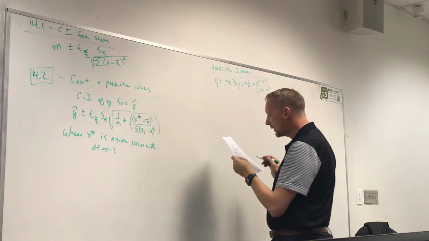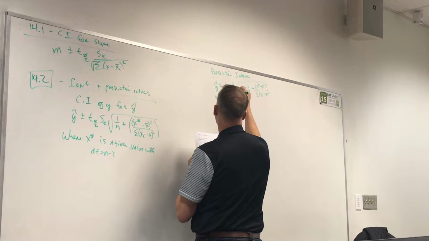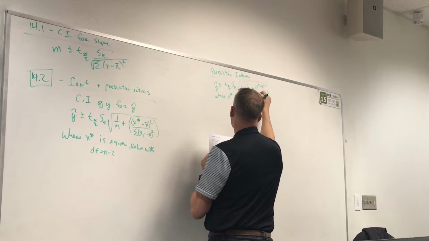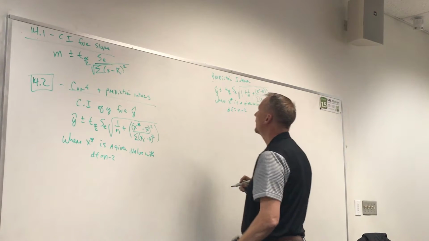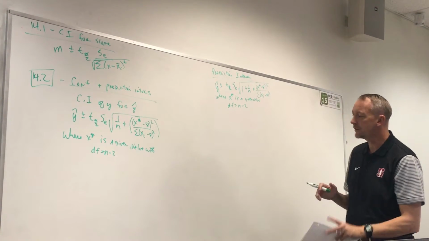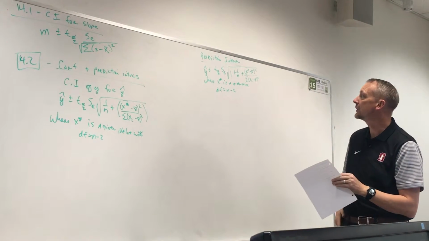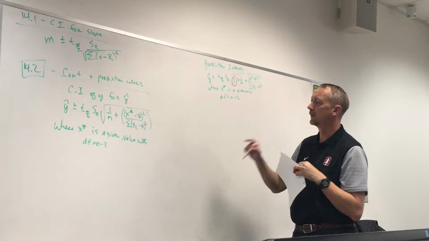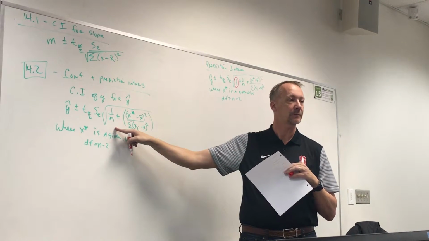Once again, x star is a given value, and your degrees of freedom also equals n minus 2. So the only difference between these two formulas is that this one has an extra 1 in it. This one does not. Otherwise, they're exactly the same.